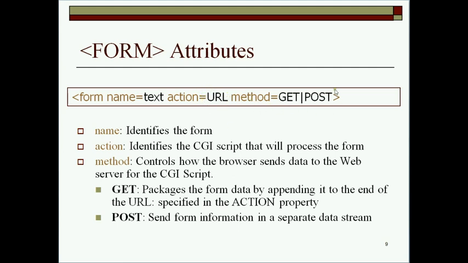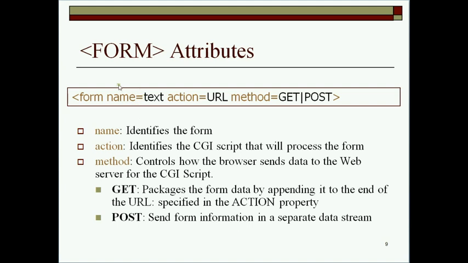We also need this attribute, which is the method for doing the communication, which has either of two different values. It's either a get or a post. Most common one is the post, but get works just as well.